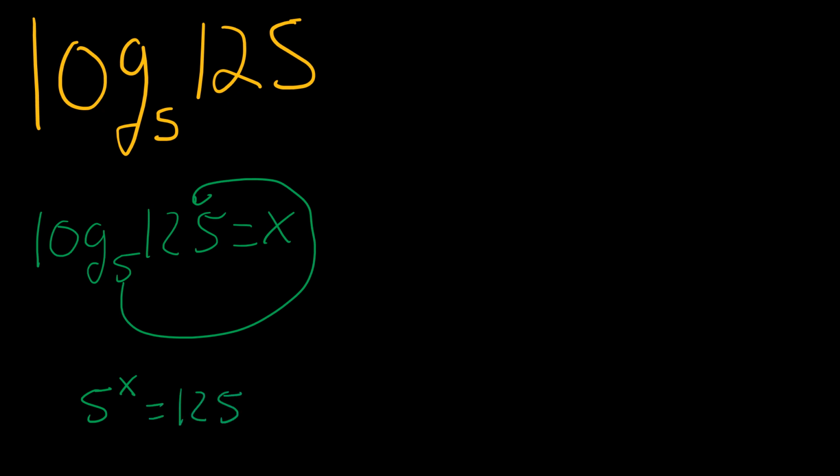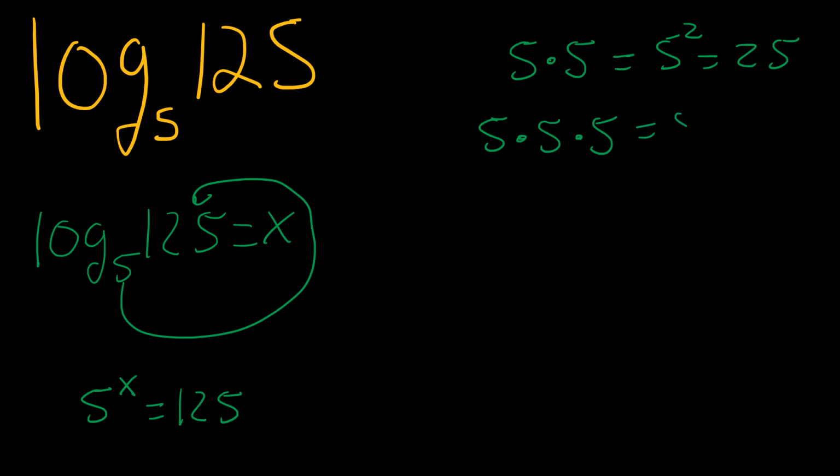So 5 to what power gives me 125? And we know that 5 times 5 is 5 squared, and that gives me 25. So 5 times 5 times 5, 5 cubed, would give me 125. So the answer is going to be x equals 3.